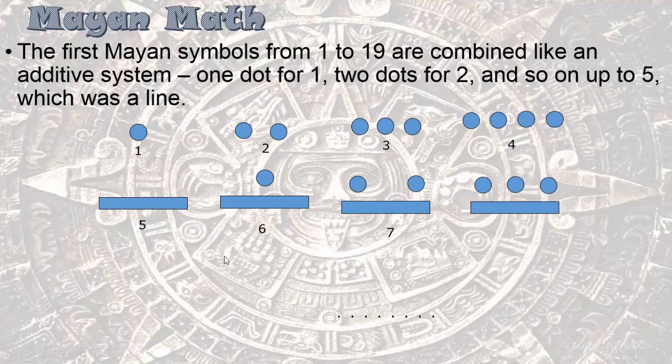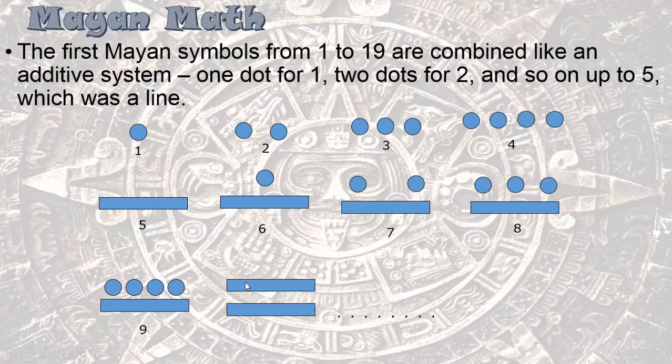3 dots on top and a line on the bottom for 8. Remember that the line is equivalent to 5 and the dots are equivalent to 1, so this would be 5 plus 3, which makes 8. And 9, 4 dots and a line gives us 9.